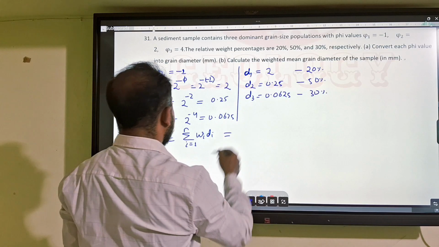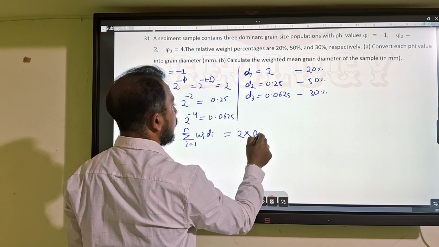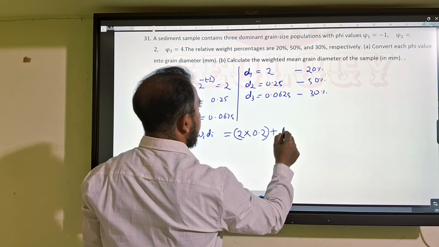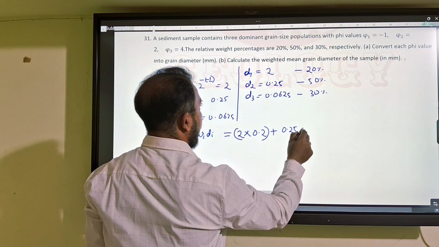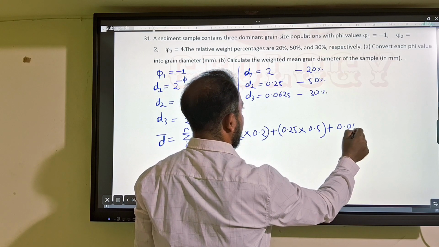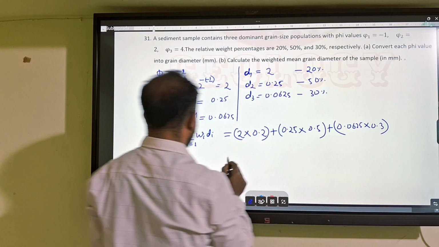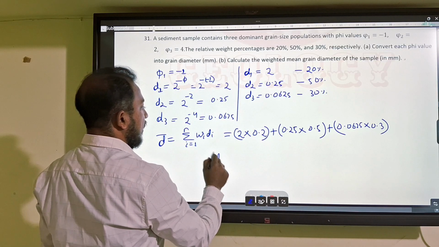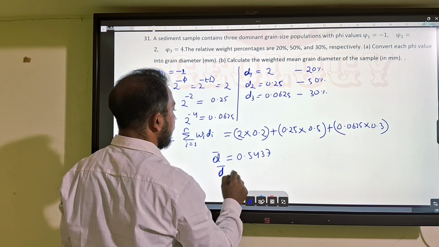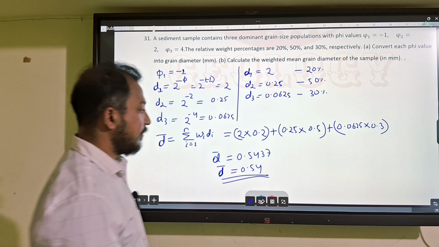So now we'll put this thing: 2 into 0.2 plus 0.25 into 0.5 plus 0.0625 into 0.3. So then D bar will be 0.5437, or you can take up to 2 decimal 0.54. The answer will be 0.54.